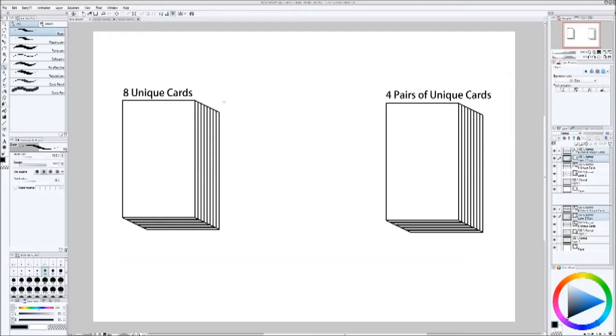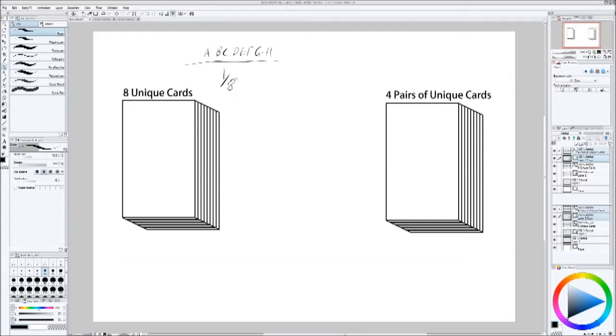So, let's say we've got card A, B, C, D, E, F, G, and H. Now the probability of drawing any one of these 8 cards would be 1 in 8. That makes sense.